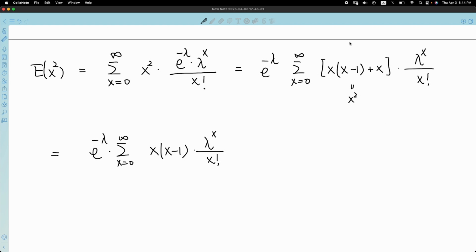I'm just taking the first part in the square bracket plus the same thing involving the second term in the square bracket. Do you agree with that? I'm just distributing the terms, separating the square bracket to get these.